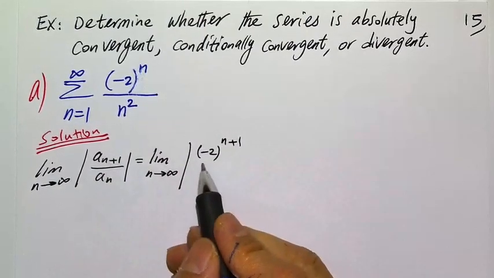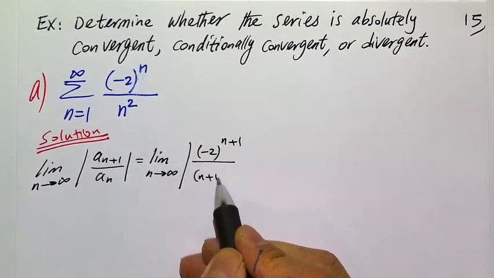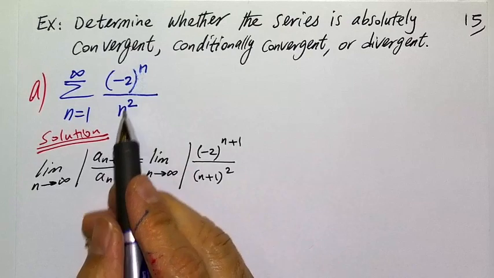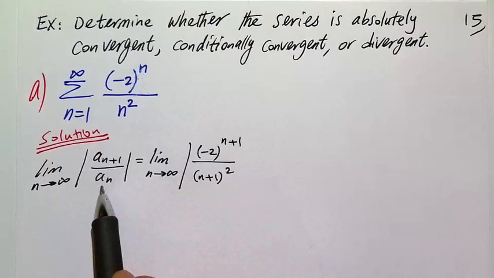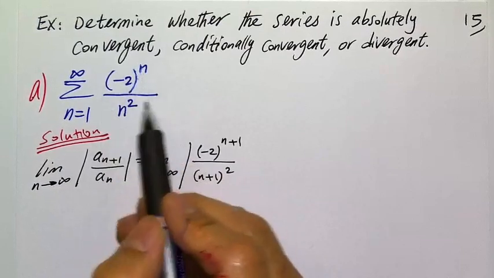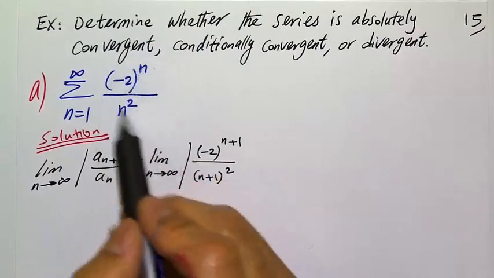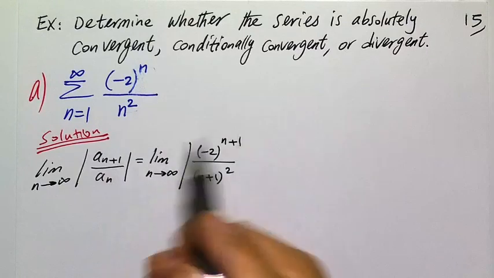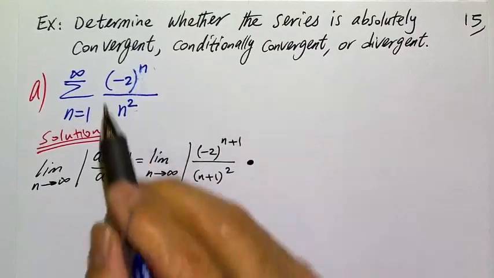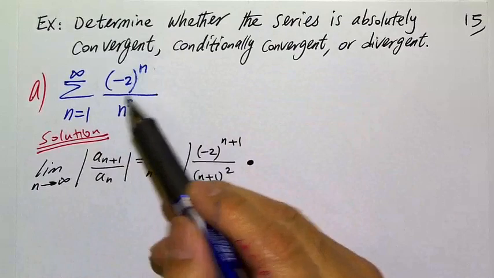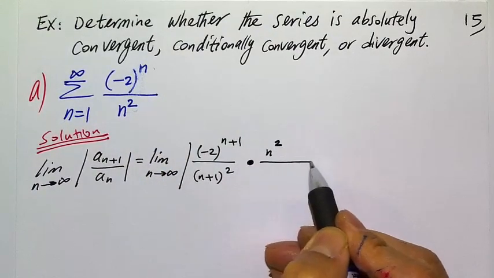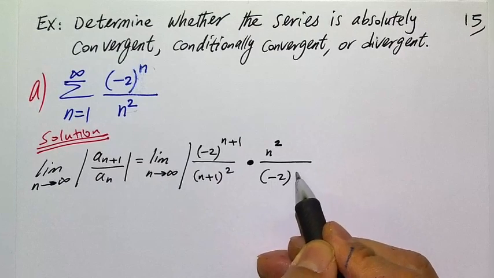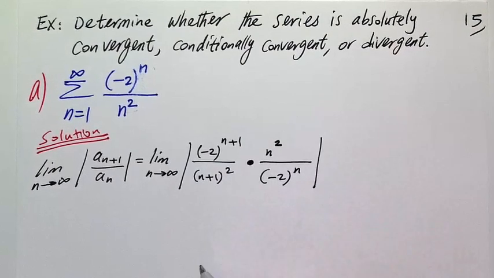We're taking that, divided by n plus 1 squared. Just replace n's with n plus 1. That's all I'm doing. And then when you divide by a of n, this is our a sub n, it's going to flip it. So it's going to be n squared divided by minus 2 to the n power inside the absolute value.